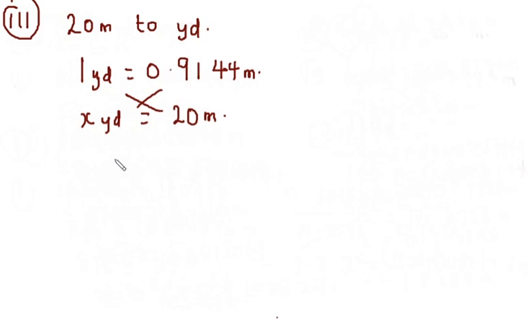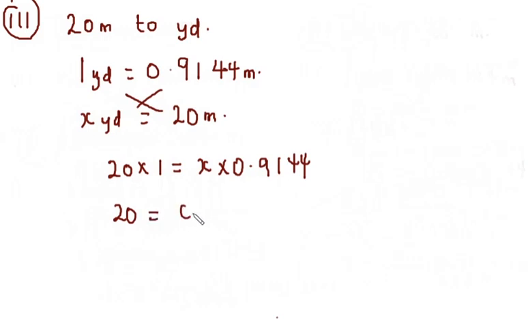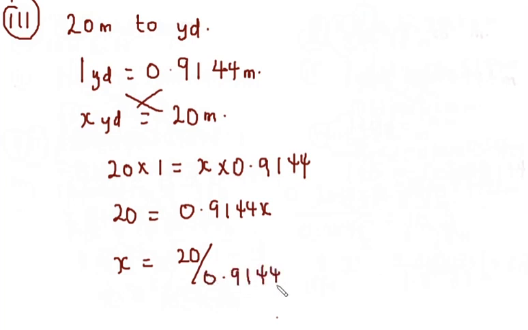To get our value of x, we cross multiply. So 20 times 1 is equal to x times 0.9144. That 20 times 1 is 20, and this is equal to 0.9144x. So x is equal to 20 divided by 0.9144.